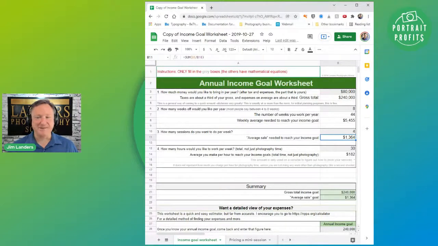So let's say 30. Most of my clients will say 30. So that's why that number is sitting here already. By the way, if you were going through this with me in one of our private sessions, I would put in your numbers here and we'd get your exact numbers. So 30 hours. Put in the comment section right now, how many hours would you like to work per week?